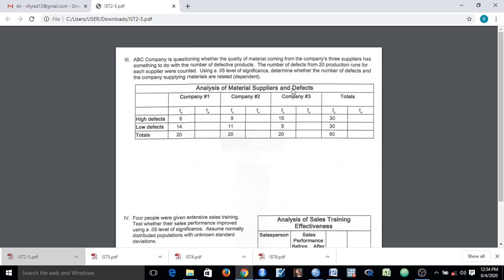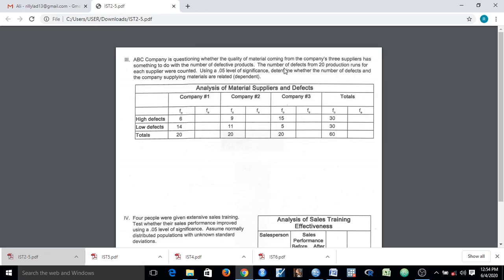So basically, what we want to do here is to see if there is an association between the number of defects produced and the supplier.